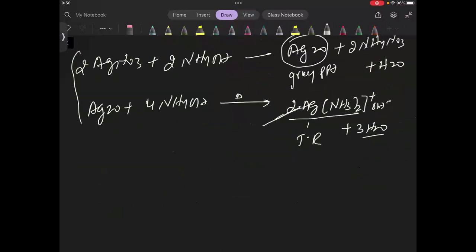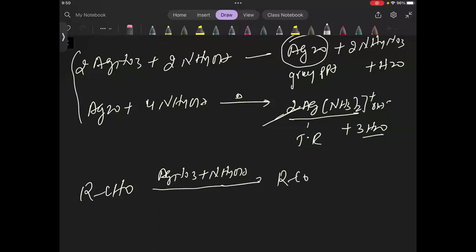Now the point is how this Tollen's reagent will react with aldehyde. You can write the reaction of Tollen's reagent with the aldehyde in different ways, and all the ways are correct. Suppose you write RCHO with AgNO3 plus ammonium hydroxide, that is also correct.